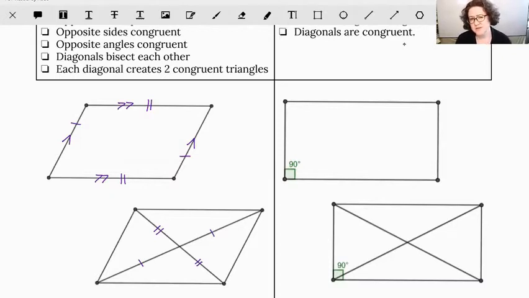Another extra piece that goes to this: if I know that my opposite sides are parallel and my diagonal is working like a transversal, I can also use a very specific pair of equal angles, specifically our alternate interior angles. Now these popped up a lot when we had our congruent triangles as well. Anytime we have parallel lines, that can be the case.